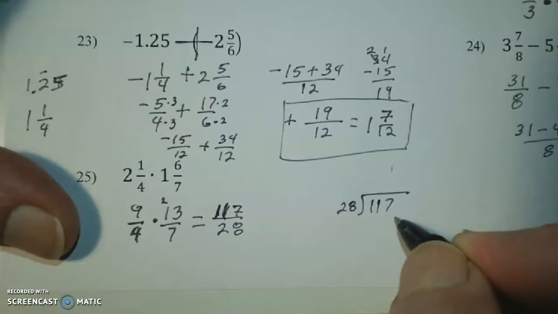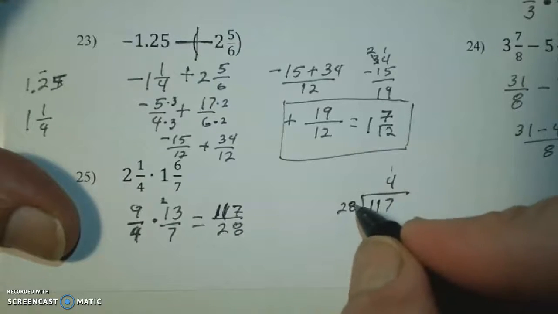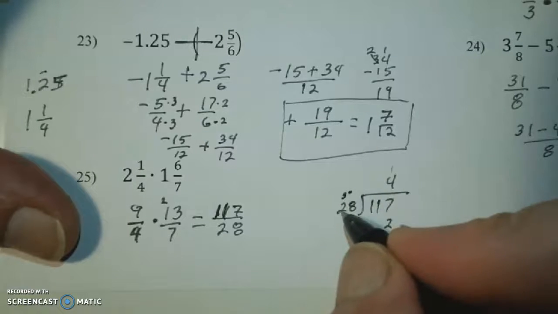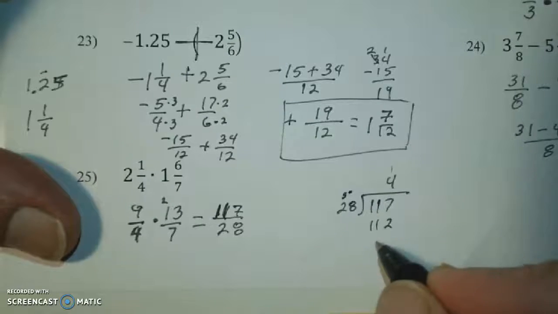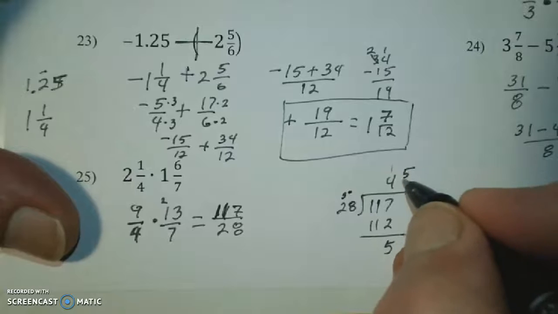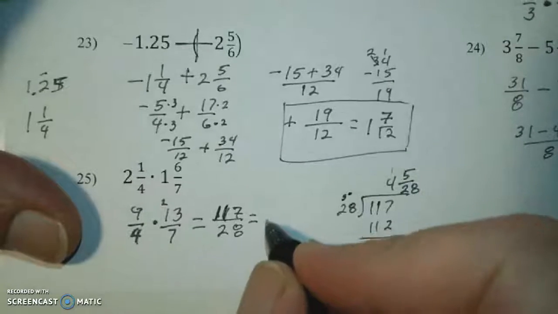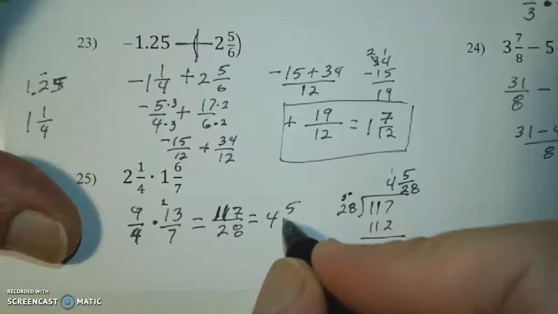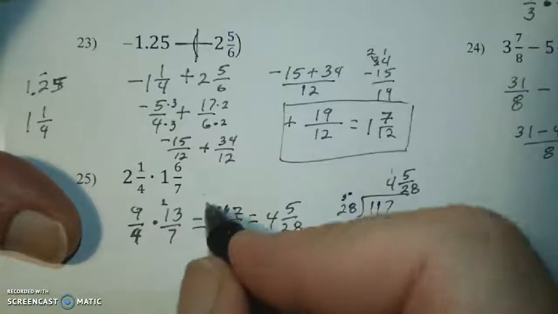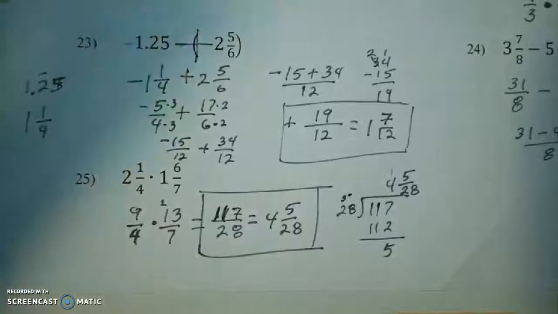That would be 112. That's going to work. It's going to go 4 times. 4 times 8 is 32. Carry a 3. 4 times 2 is 8, plus the 3 is 11. 5 left over. Put it over what you were dividing by, and that is your mixed number, 4 and 5/28. Okay, I would have taken it as an improper fraction also. That is it.